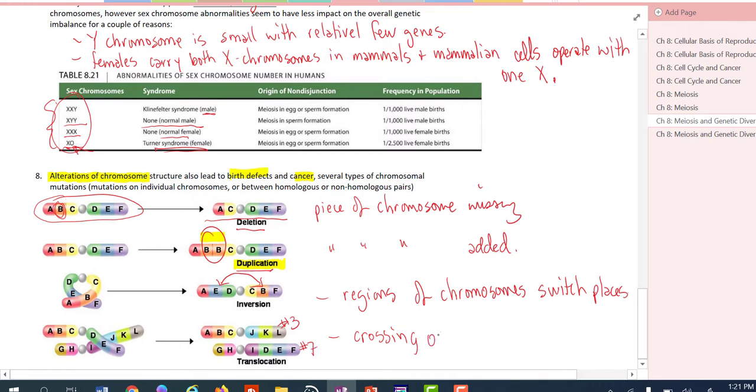So crossing over between non-homologous chromosomes. We'll talk more about this when we get into our topic on genetics, but all of these are alterations to chromosome number and chromosome shape and function.